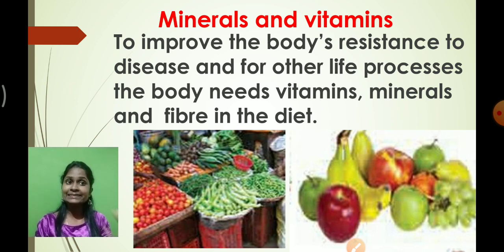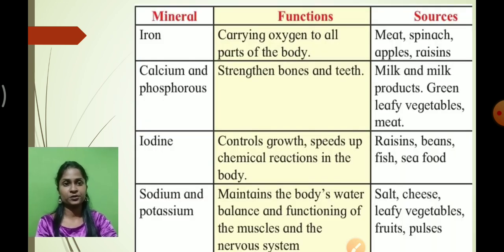So why are they important? These minerals and vitamins improve the body's resistance to disease and other life processes. So if we want to increase our immunity, then we have to eat more and more fruits and more and more vegetables, so that our body will fight against all types of diseases very easily. That's why minerals and vitamins are very important.